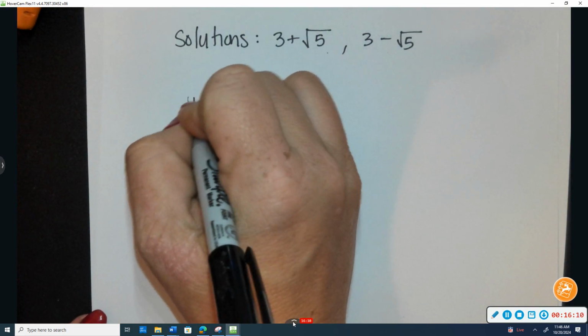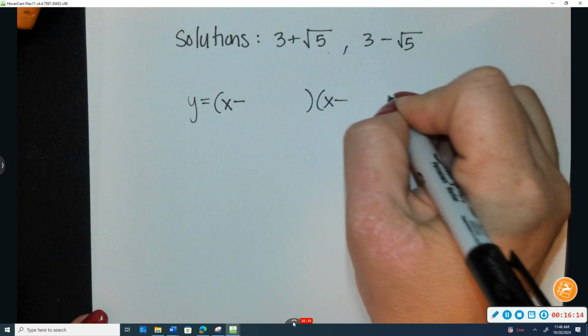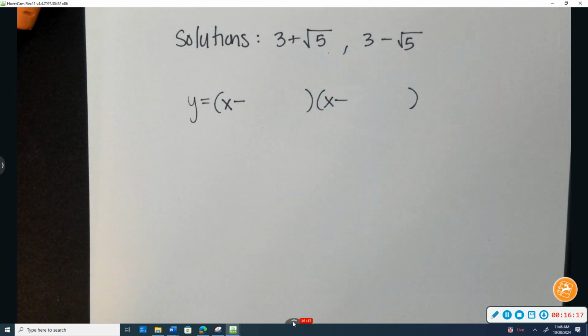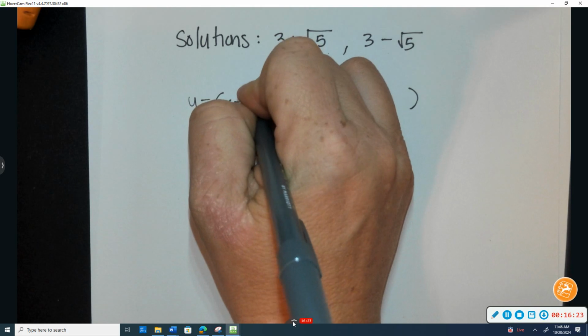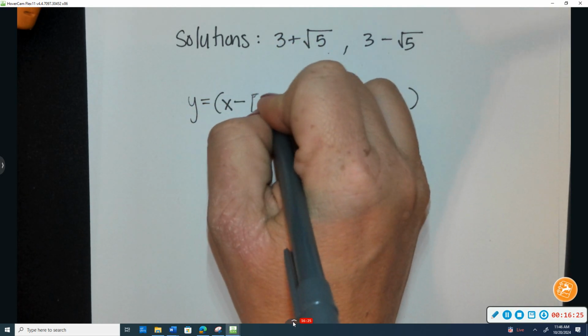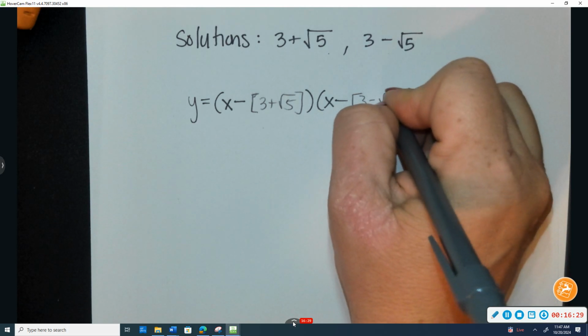So I'm going to start with y equals x subtract and x subtract. Now, why did I leave so much space? Because in this space, I'm going to drop down what I have. I'm going to drop down 3 plus the square root of 5 and 3 minus the square root of 5.